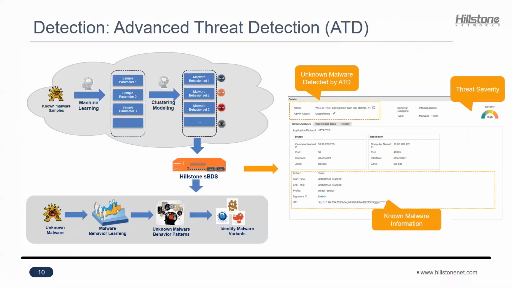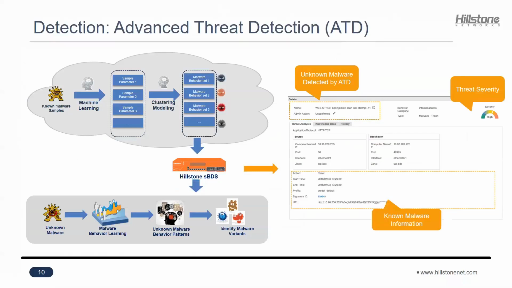Page 10 just goes through in a little more detail what I mentioned earlier. The ATD is basically one of the detection engines on the appliance. We are basically using a machine learning mechanism. First, we do data mining over millions of malware samples and extract the features from these samples.